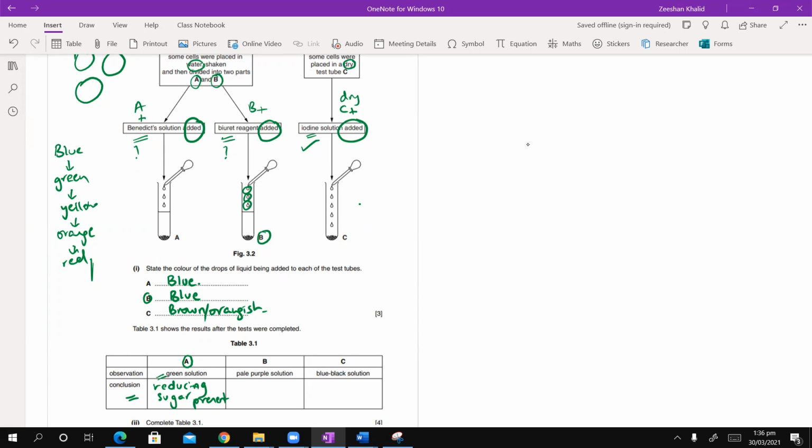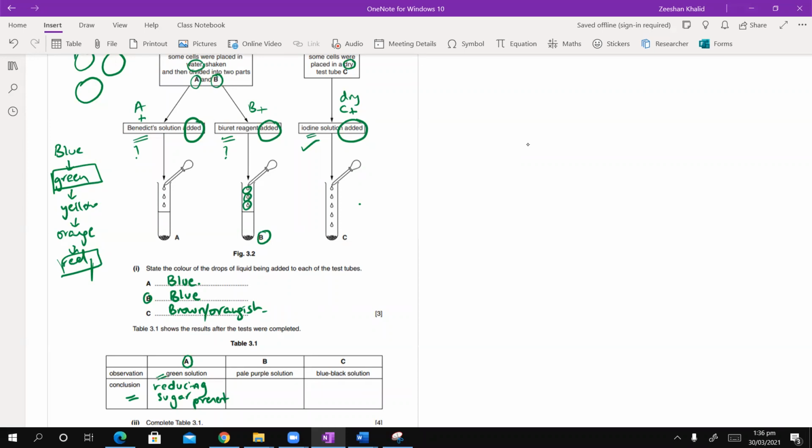So even a slight color change, now green is coming, means reducing sugar is present. If instead of green brick red had come, what do you think would have been our conclusion? We would still conclude that reducing sugar is present, isn't it? But then what's the difference between green and red? What does that indicate?